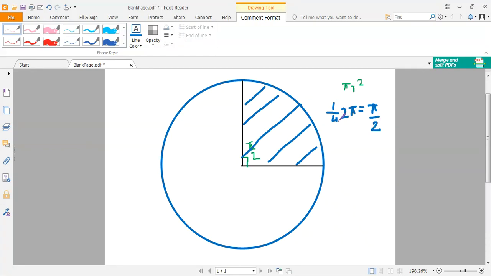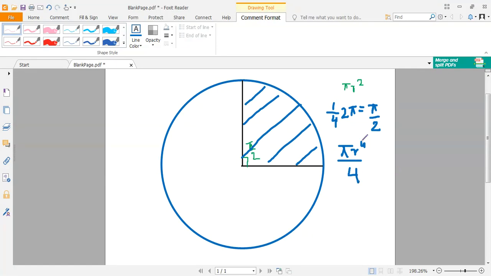So 2 and 4 can get reduced to half, and so we get 1/4 of 2 pi is pi by 2. So if I'm talking about 1/4 of a pizza, I can say that the area of this circle will be pi r square, 1/4 of that, so pi r square by 4.